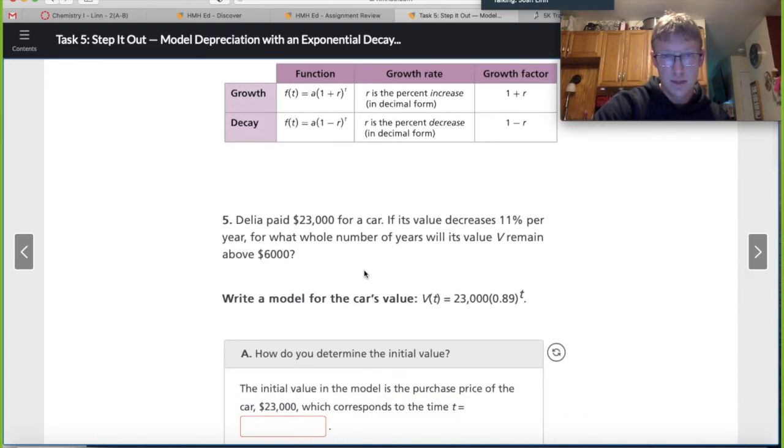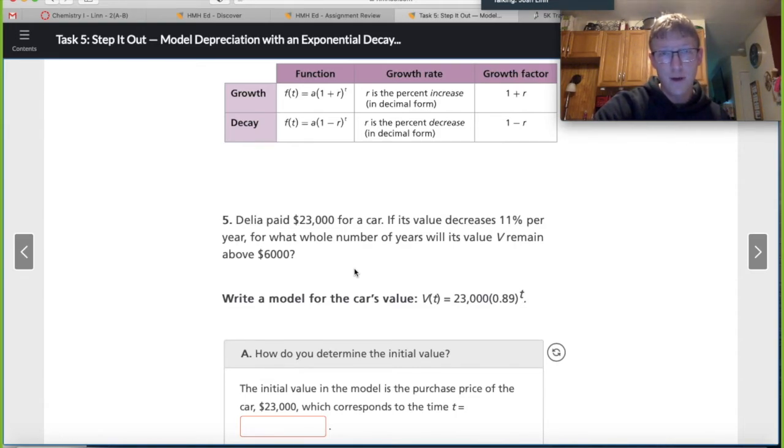So, Delia, I don't know how to say that name, paid $23,000 for a car. If its value decreases 11% per year, for what whole number of years will its value V remain above $6,000?